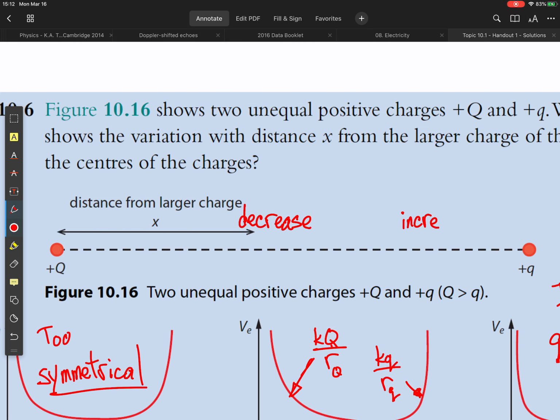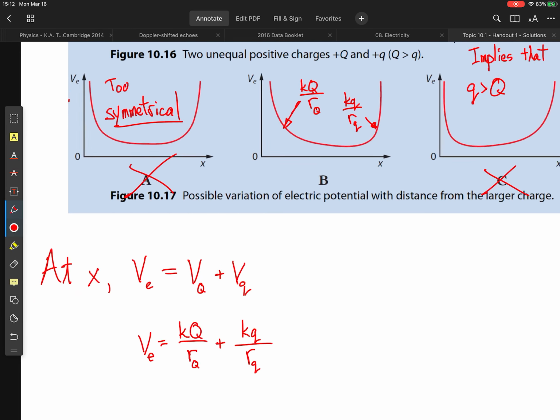Okay, so this should be pretty apparent right away. And when we look at our possible answers, what you'll find is that every single one of these has that relationship. Okay, so we need to get a little more detailed here.